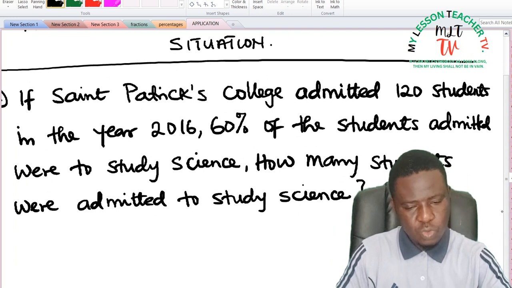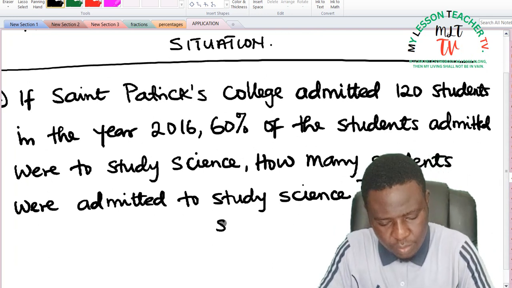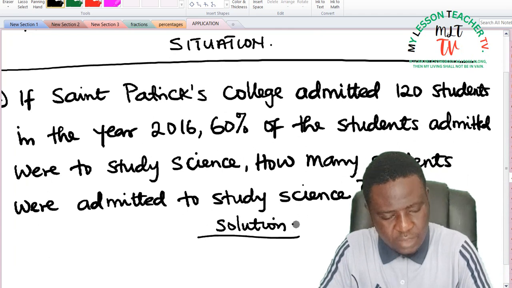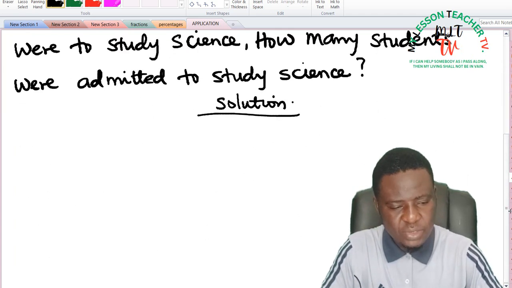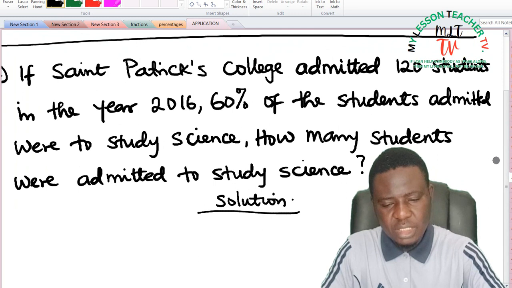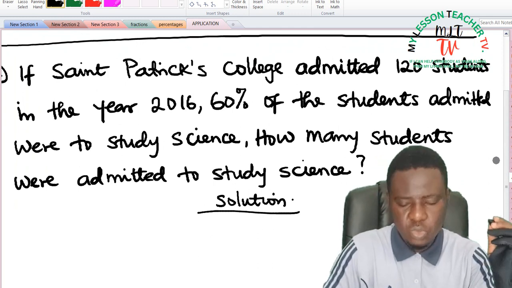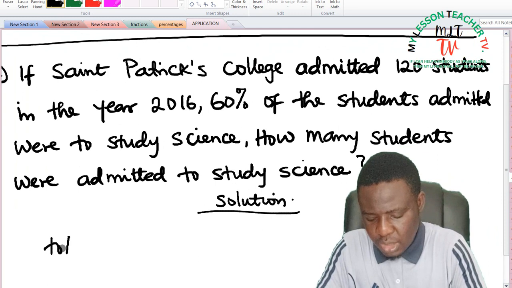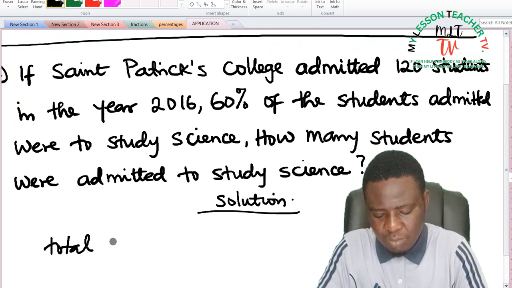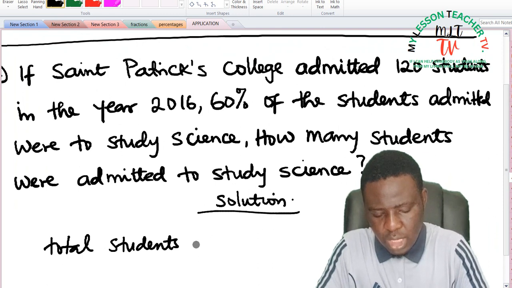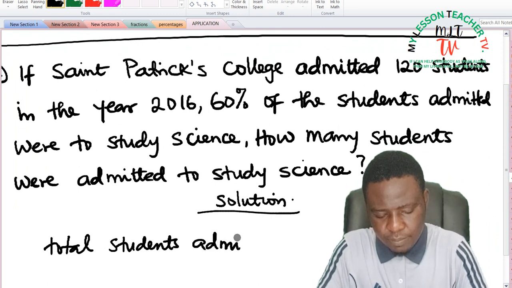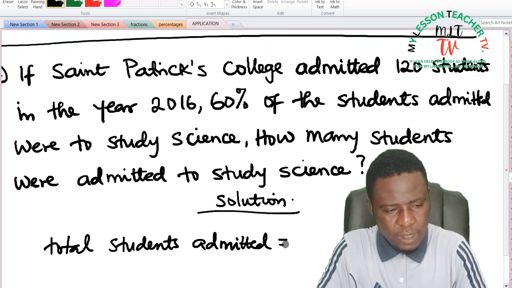So I'm going to interpret the question this way. Solution. Let's first of all get out the parameters from the question, that if St. Patrick's College admitted 120 students, it therefore means that the total number of students admitted is said to be 120.